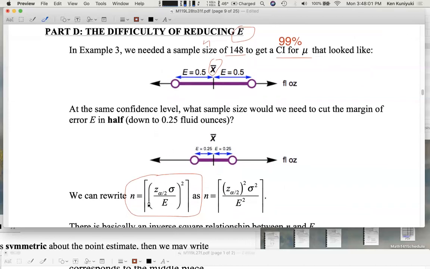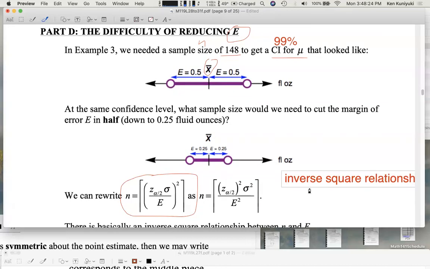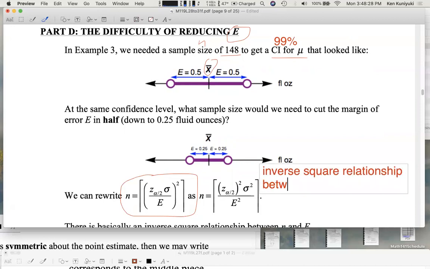Well, here's a clue. When you take this formula for the required sample size, little n, let's actually bring in the squares here. A mathematician or a physicist might say that there's an inverse square relationship. Don't freak out about that, but there's an inverse square relationship between n, the required sample size, and E, the desired margin of error.